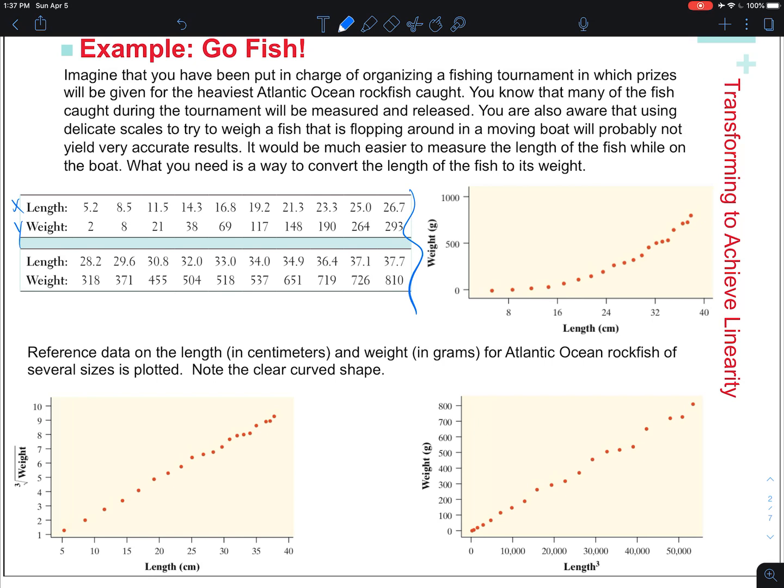We could take all the weights and cube root them to undo that three-dimensional idea of weight and turn it into one dimension. Or, similarly, we could cube the one-dimensional length and graph it against weight. Choosing either of those results in a linear relationship, kind of putting them on the same level power-wise. Now, either one is fair to do.